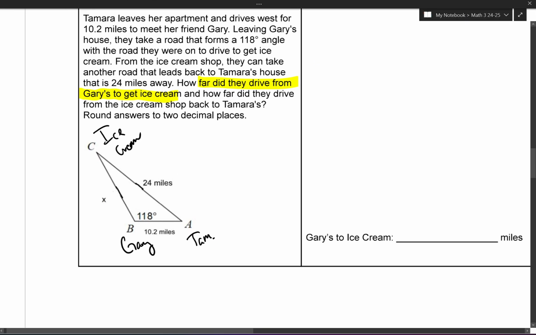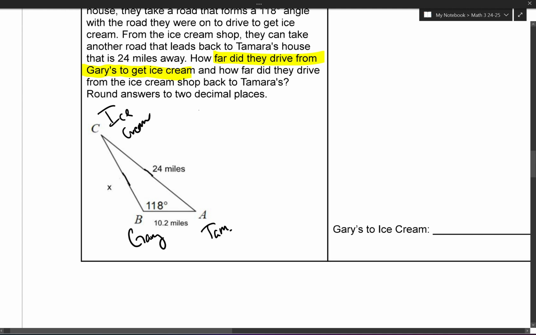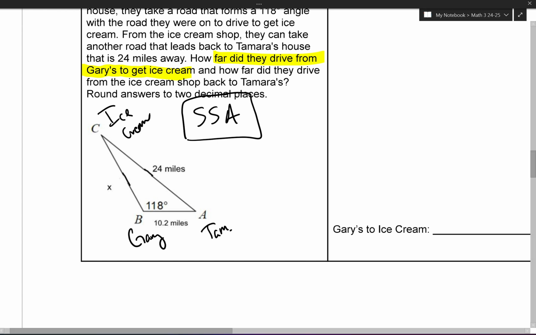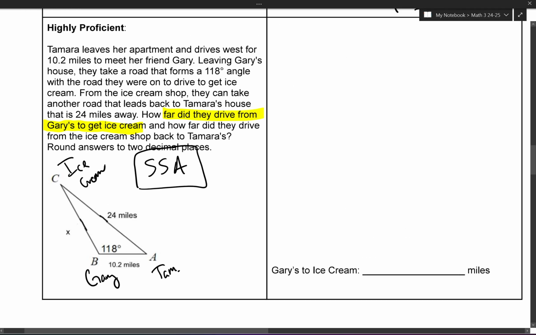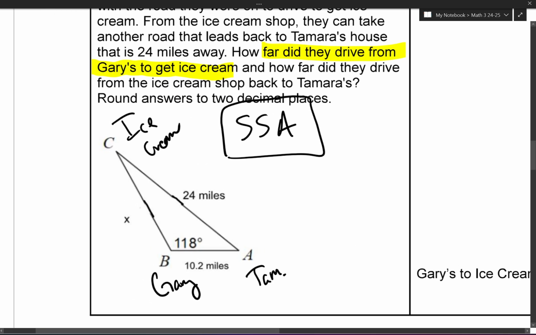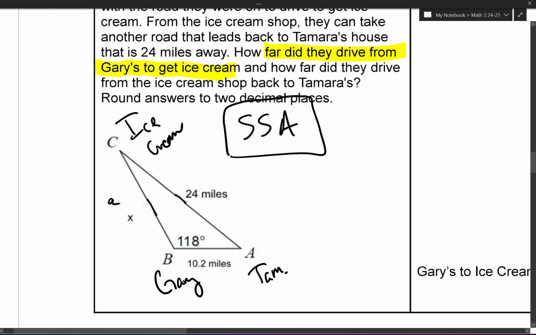Looking at this triangle carefully, it's a side-side-angle problem. We don't write it the other way for obvious reasons. So here we go. What is x? We can label the triangle if we want. Let's say this is little a, this would be little c, this would be little b.